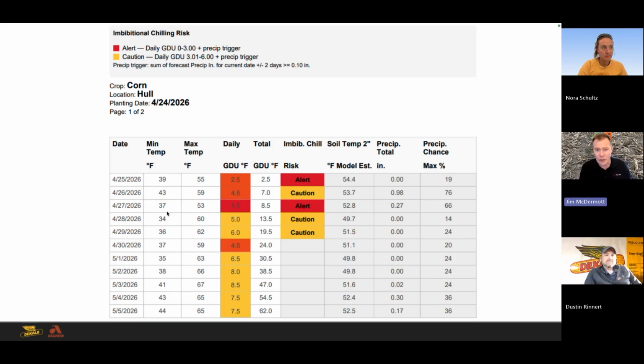That alert is triggered by the chance of 1/10 of an inch of rain or more within 2 days of that particular day, plus less than 3 GDU accumulation for that day. You can see for the 25th and the 27th, it meets those criteria and triggers the alert. So we're just not going to get much movement to get that seed going, and that's why it's saying 18 days till emergence.